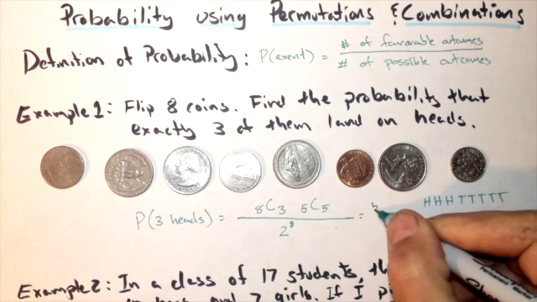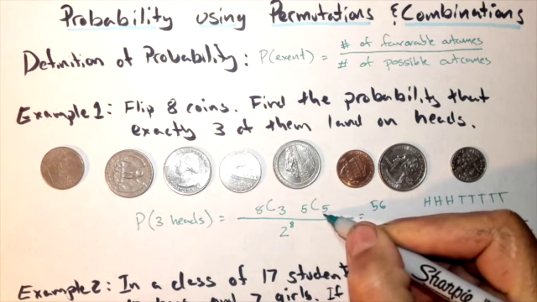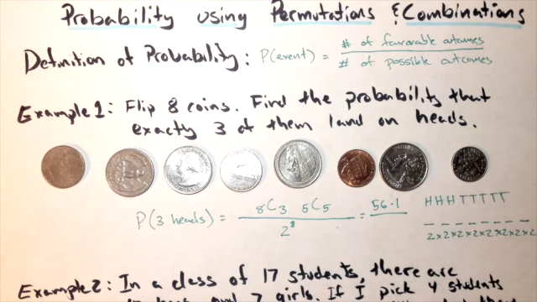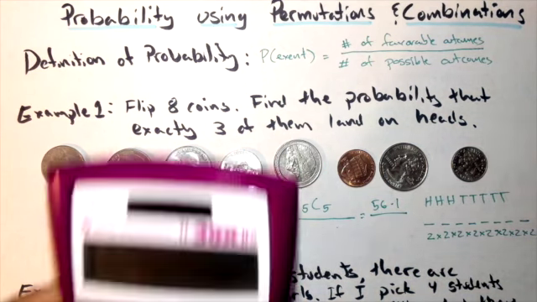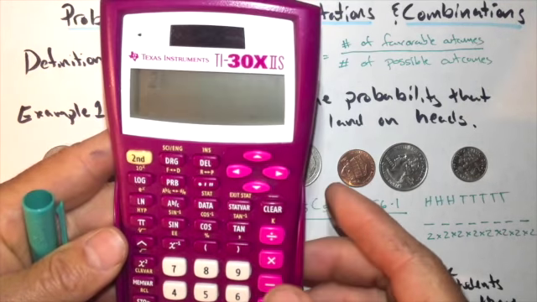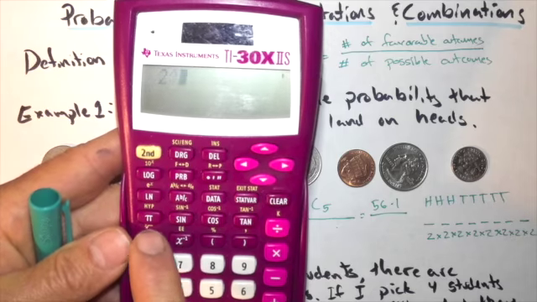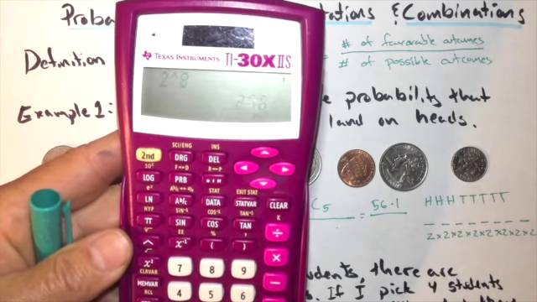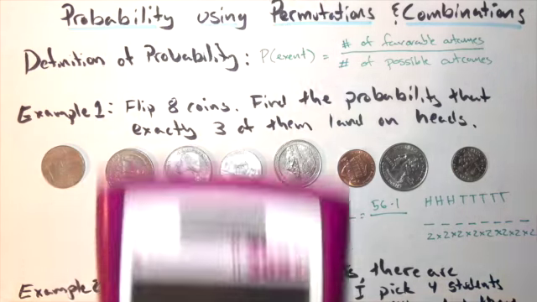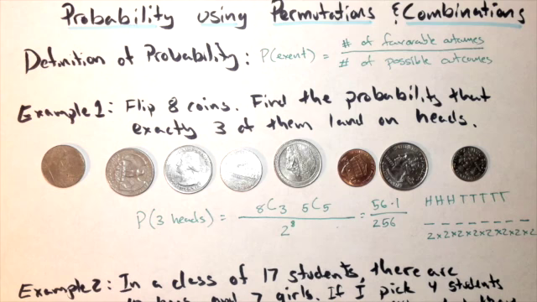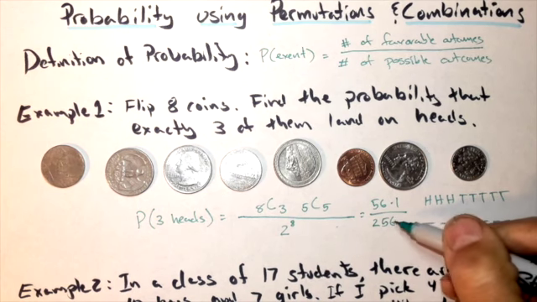So this equals 56, and then 5 choose 5 is just 1, and divided by 2 to the 8th power. On the calculator, I'm going to enter 2, and then that caret gives me the raised to the 8th power, remember, and that is 256. So the denominator is 256. Now for Khan Academy, you're going to have to reduce this.